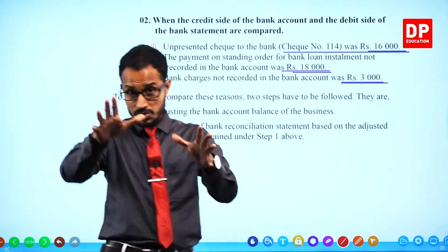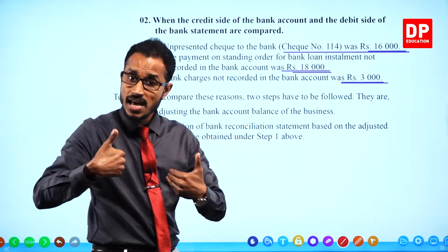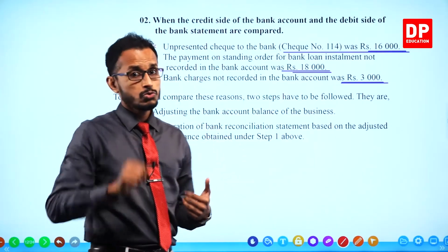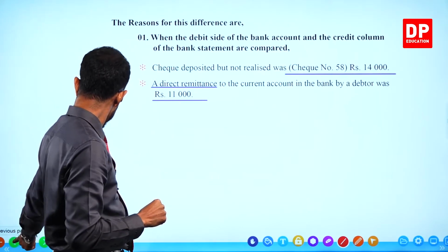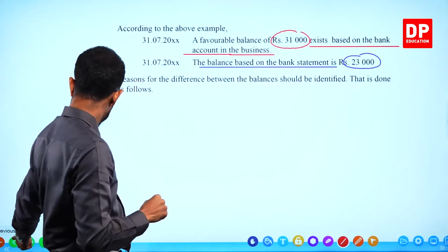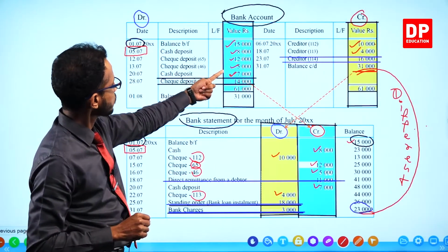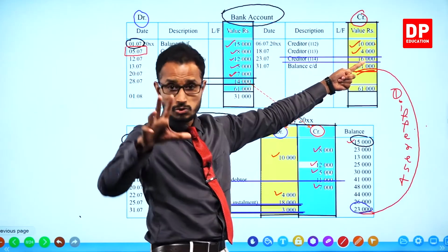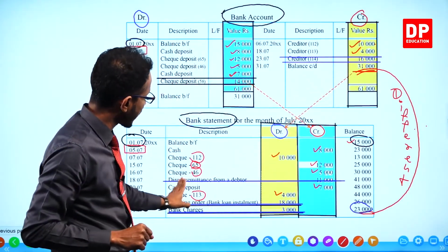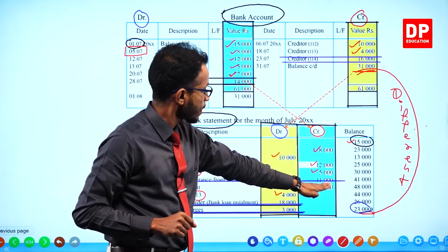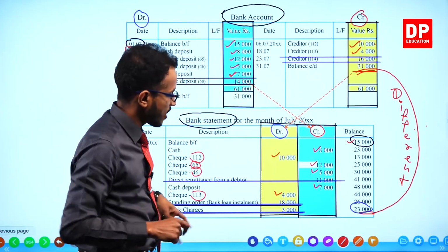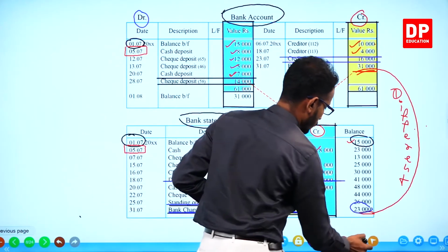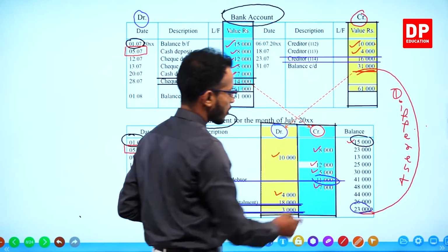Both sides, which means from our side, our bank account too has missing items. In our bank account too, there are missing items. See, these items are missing in our bank account. Which items? 11,000 missing in our bank account.